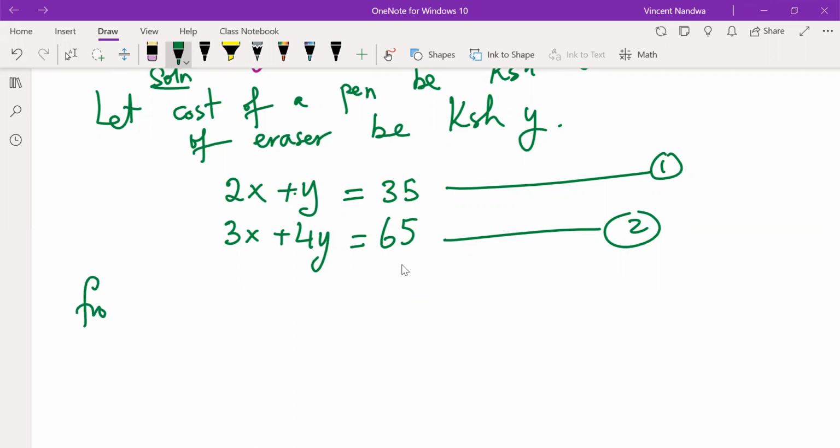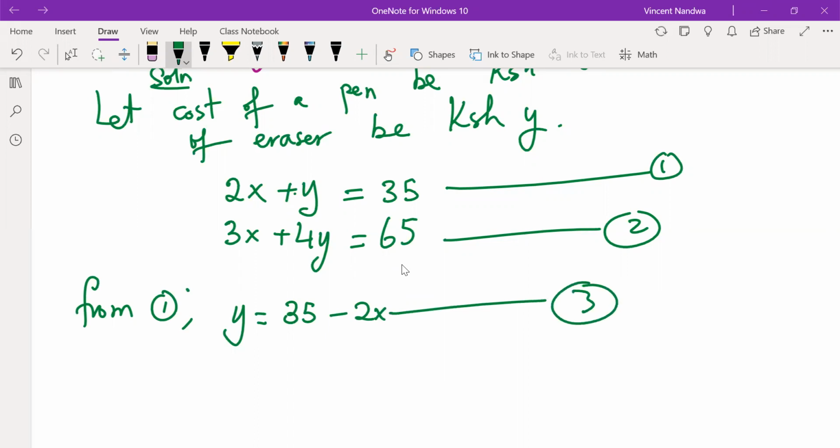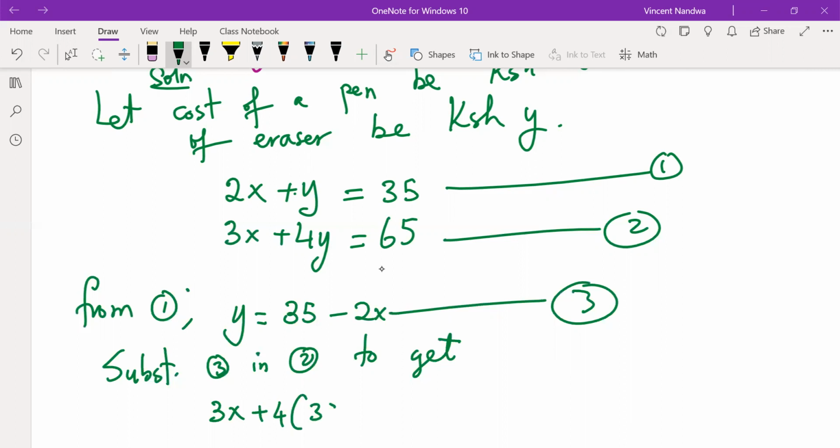So from 1, Y is 35 minus 2X. I can call this one equation 3. Substitute 3 in 2 to get, so we'll have 3X plus 4 into 35 minus 2X equals to 65.